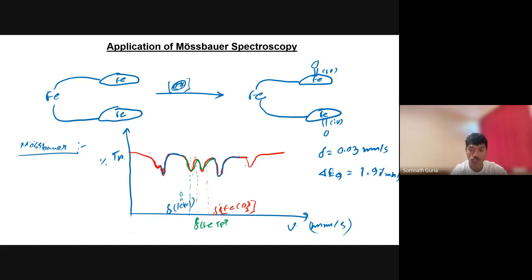Okay, this is not exactly absolute positive or absolute negative. This depends on which one is more negative and which one is more positive. That is the main thing we are talking about. This is not absolute. There is one reference point we are talking about, that is metallic iron.